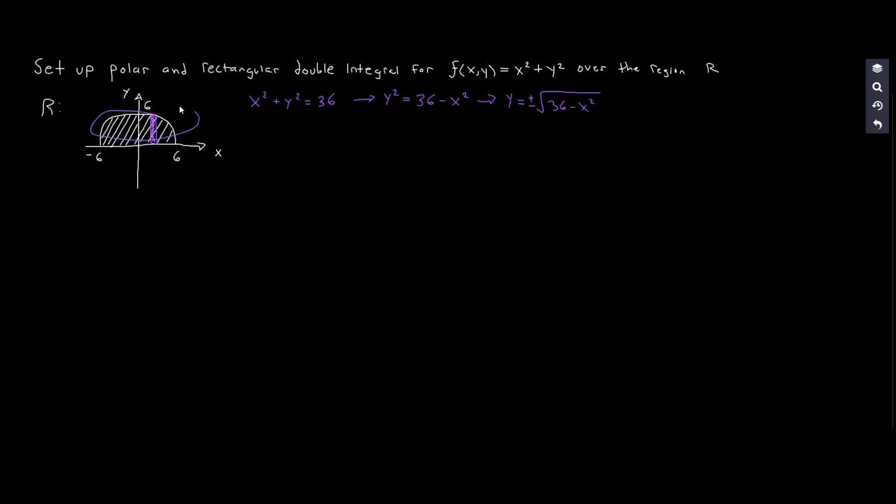But we're looking at the upper region, and y is greater than or equal to 0 in R, so we take the positive square root. y equals the positive square root of 36 minus x squared.